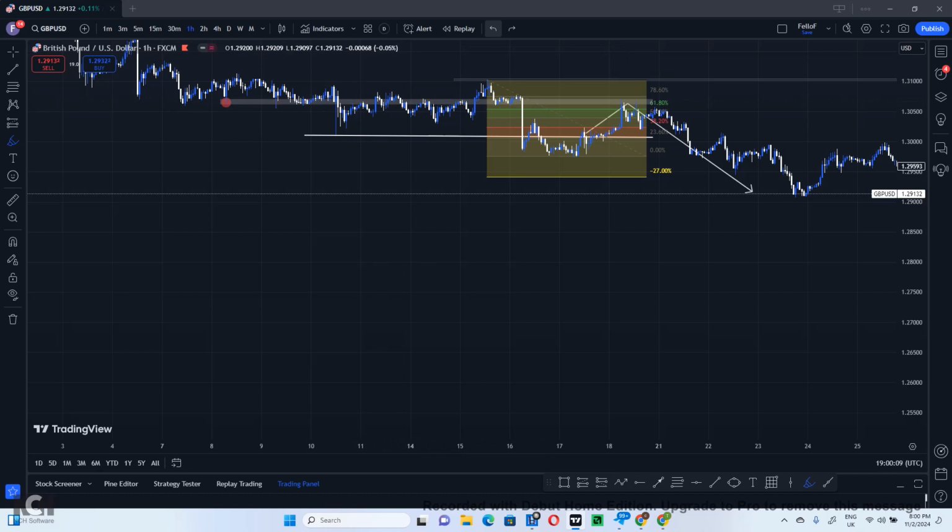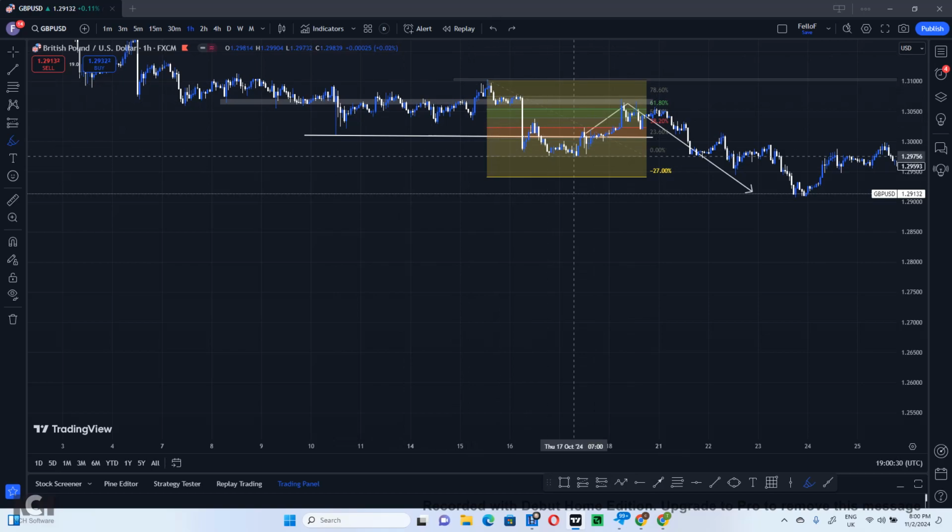The first confluence we have here is a point of interest that we've drawn out, and price got into this zone with high momentum, into this marked out zone, this white line, and this little box up here.